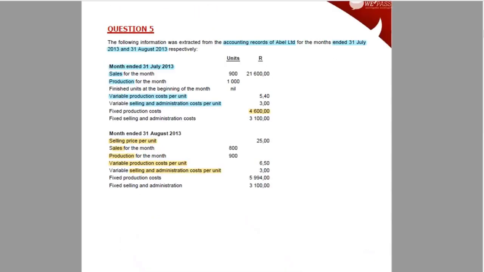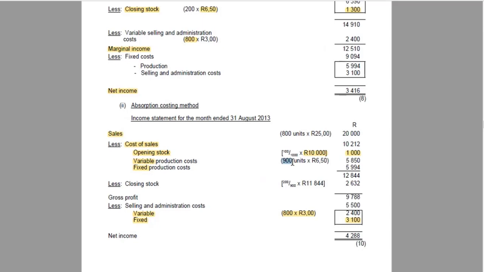Did they give it to me? No, they didn't. But what do I have that I can use to calculate? I have my cost per unit, which is the variable production cost per unit, and the production for that month. So it's the production units, 900 times 650, straightforward, 5.8. Done.